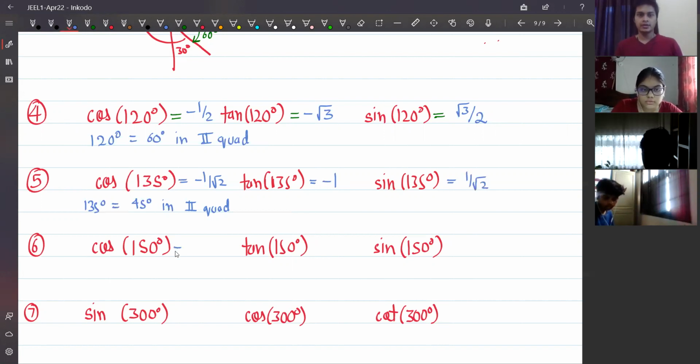Cos 150. 150 is 30 degree in the second quadrant. So cos 150 is minus, no, 150 is 30 degree in the second quadrant.